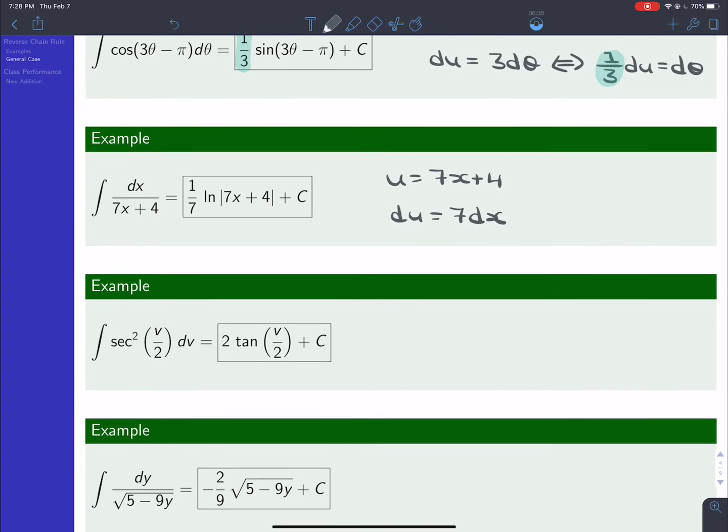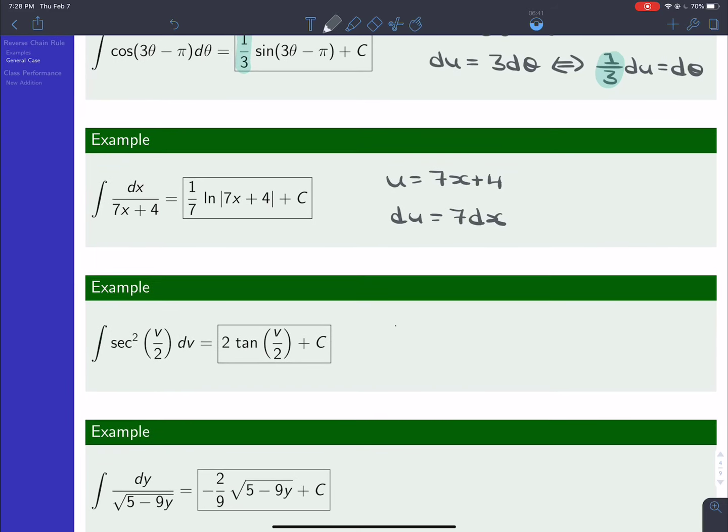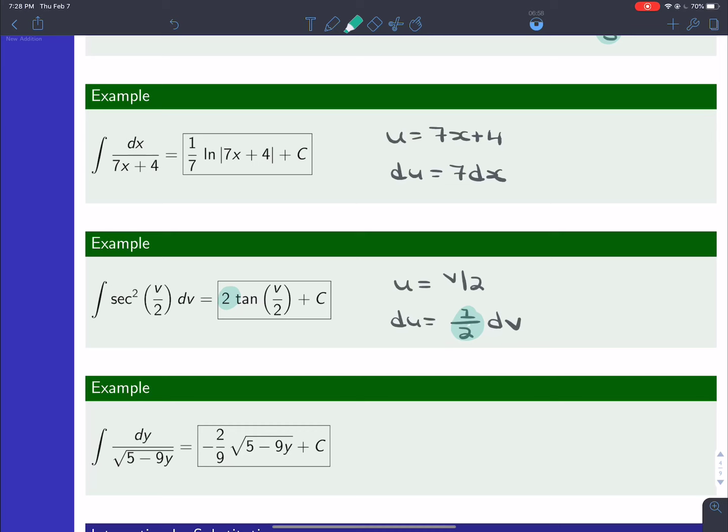Moving along, the integral of secant squared of v over 2, again, I can define u to be v over 2. Then my differential u happens to be 1/2 times dv. So again, that's how we got this 2 from this 1/2 after multiplying both sides by 2. And then for the last one, I can define u to be 5 minus 9y.